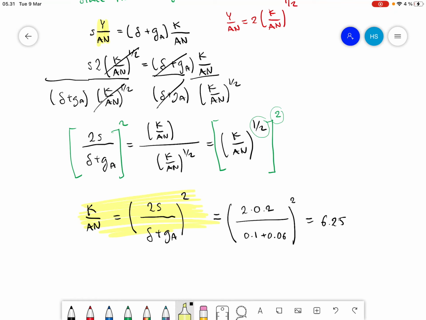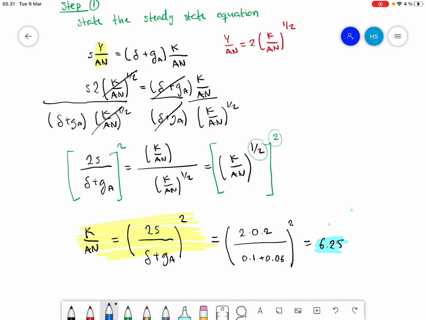Now that we know that the balanced growth value of capital per effective worker is 6.25, we can simply insert this into our output per effective worker equation in order to get what the output per effective worker is.